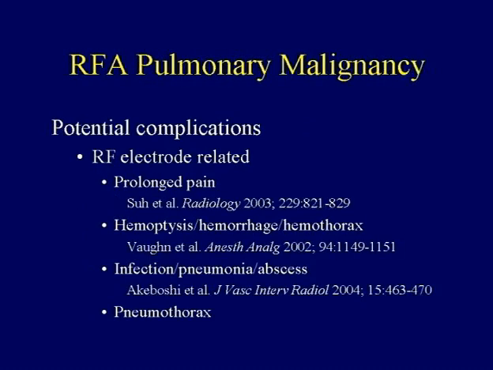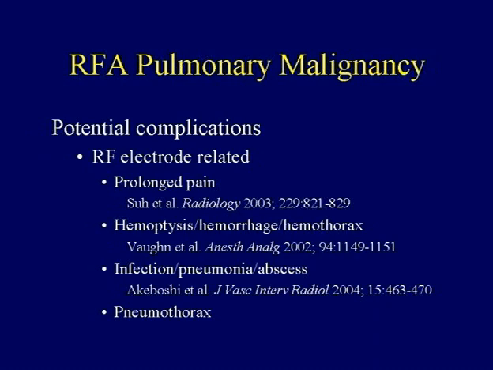There are complications that can occur from the procedure, and if we break them down, the first is from the RF electroplate itself. You can get prolonged pain, as my colleague published in Radiology in 2003. Then locally from where the needle is placed, hemoptysis and hemorrhage and hemothorax are obviously things you're concerned about, and when you look at the size of the needle going into the lung, you are amazed that this is not a bigger problem.